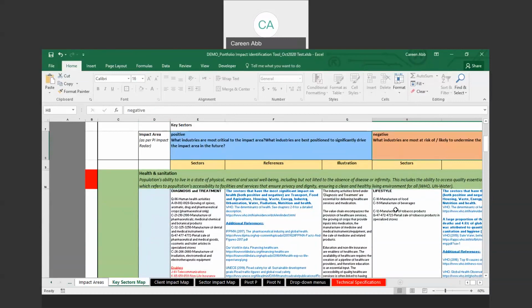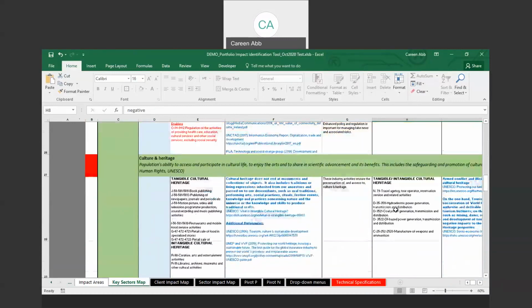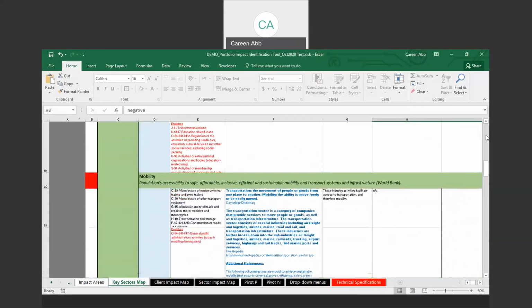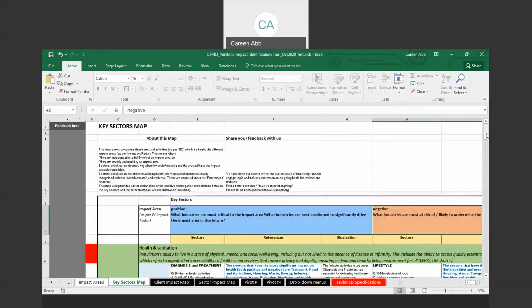A typical example could be under, for instance, the food impact area. Naturally, agriculture will feature as a key sector from the positive perspective. If we look at a negative example, you will find that agriculture, transport, and energy will show as key sectors as regards climate change.